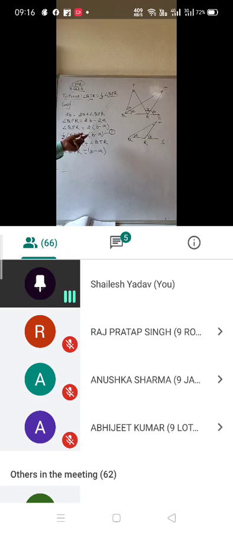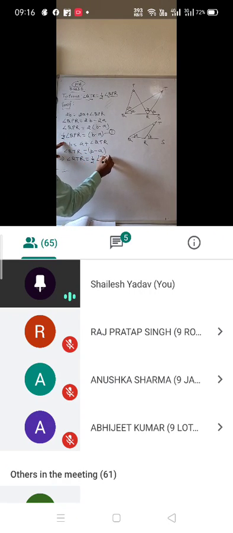Now in equation 1, what is the value of B minus A? From equation 1, B minus A equal to half angle QPR. So from equation 1, B minus A can be replaced by half angle QPR. So angle QTR equals B minus A, and in equation 1 you had already proved that B minus A equal to half angle QPR.